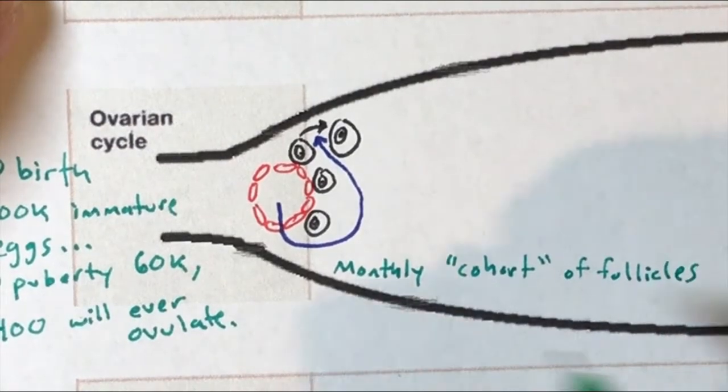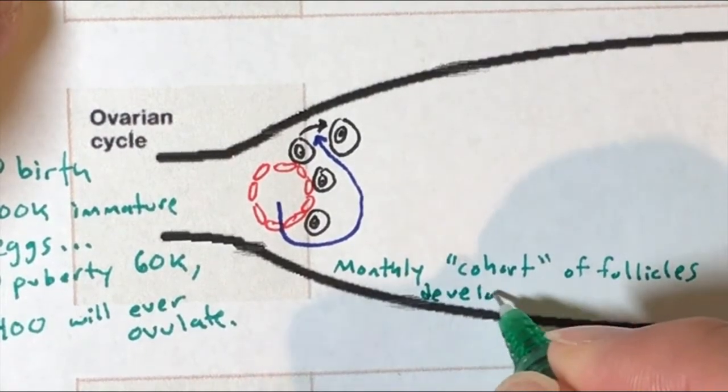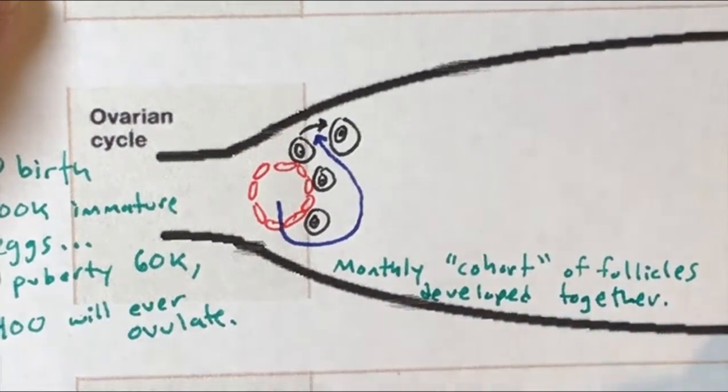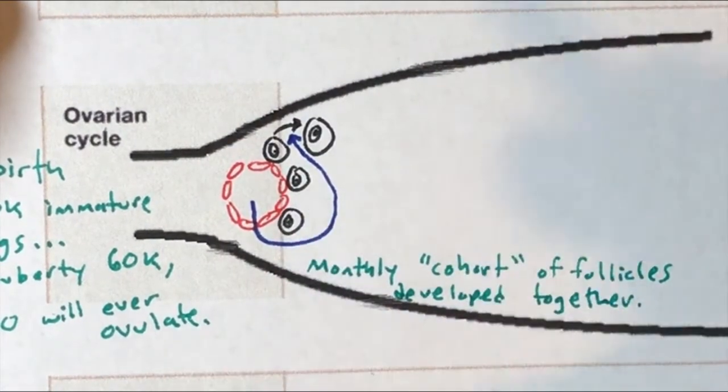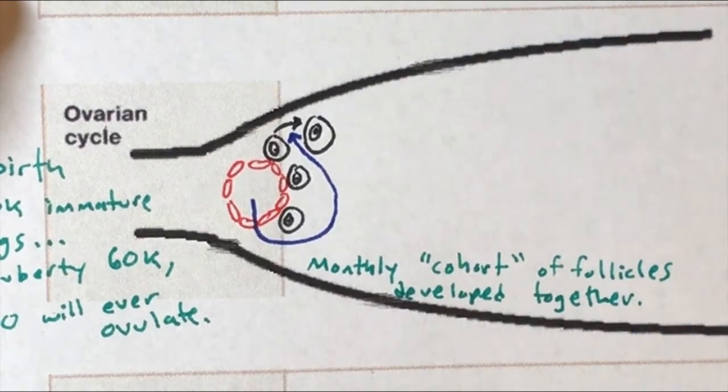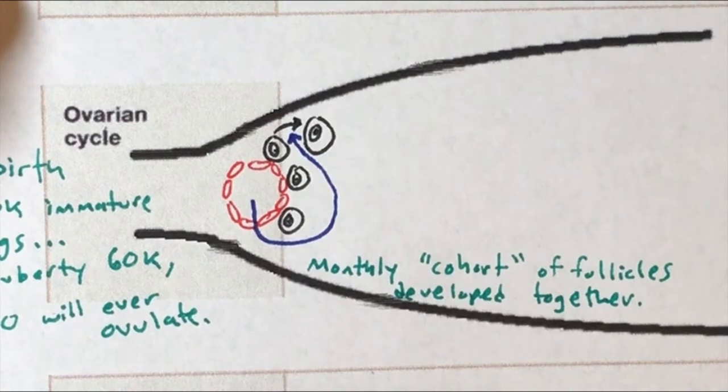There's a cohort of follicles developed together. It's kind of like, if you're in the freshman class of college, all the freshmen are a cohort of students. Or in high school, right?